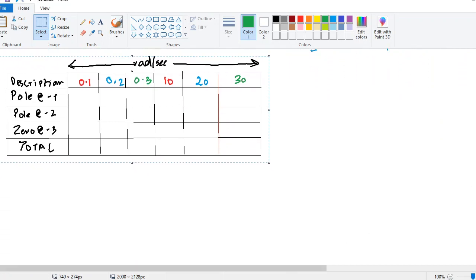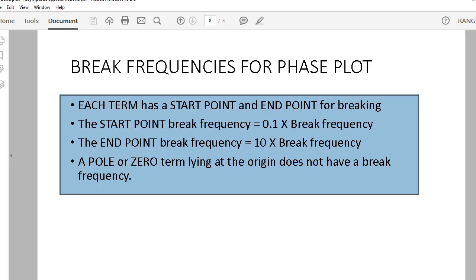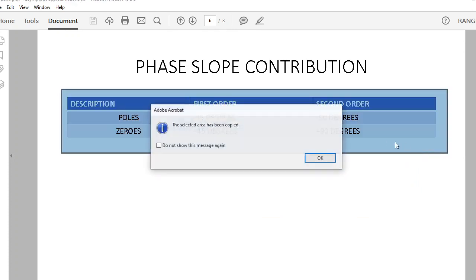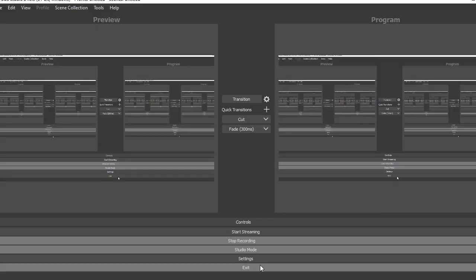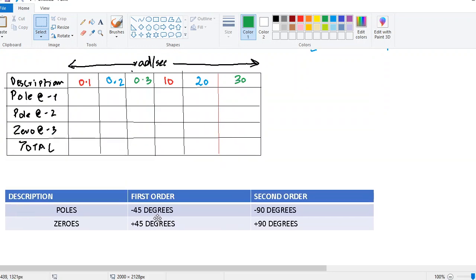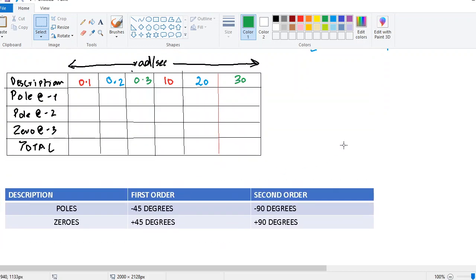Alright, now let's bring in the table that we had created here. This is the table for the phase slope contribution that we have. Now, the start point for the pole at -1, it is a first order term.